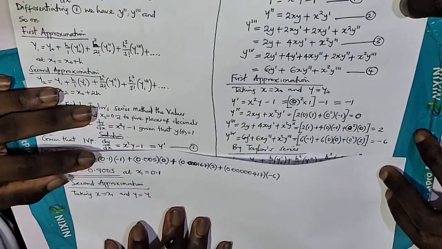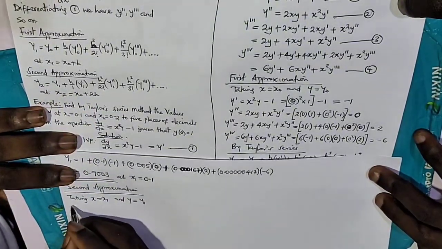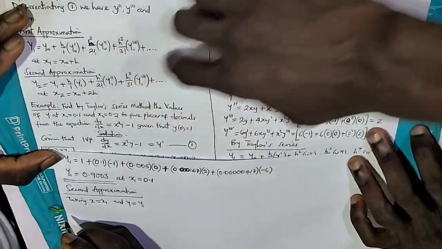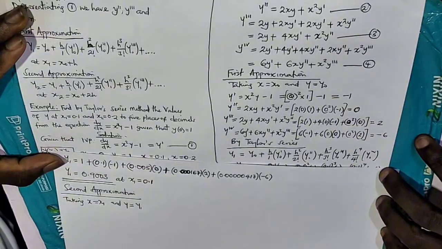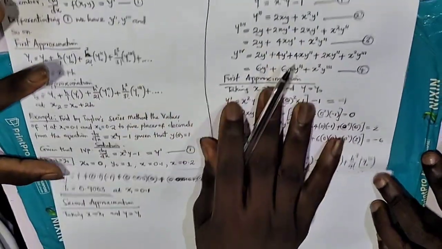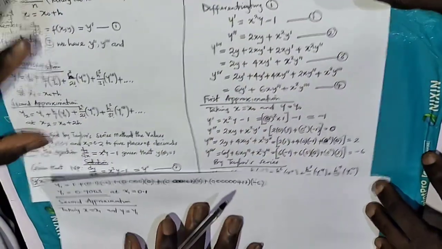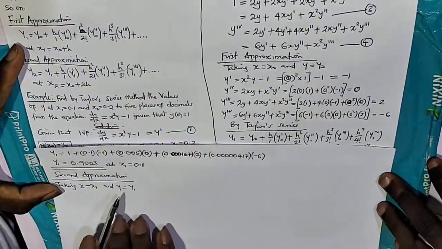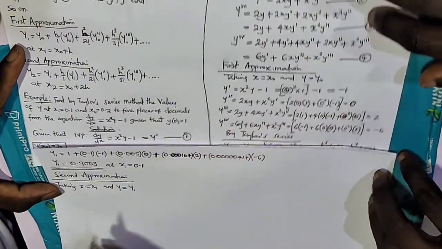We are told that x2 is equal to this; we already have the value of x1 and x2. We've calculated x1 and x2 from this place. So x to be x1, y to be y1, just as we said in the first approximation that x is x naught, y is y naught.